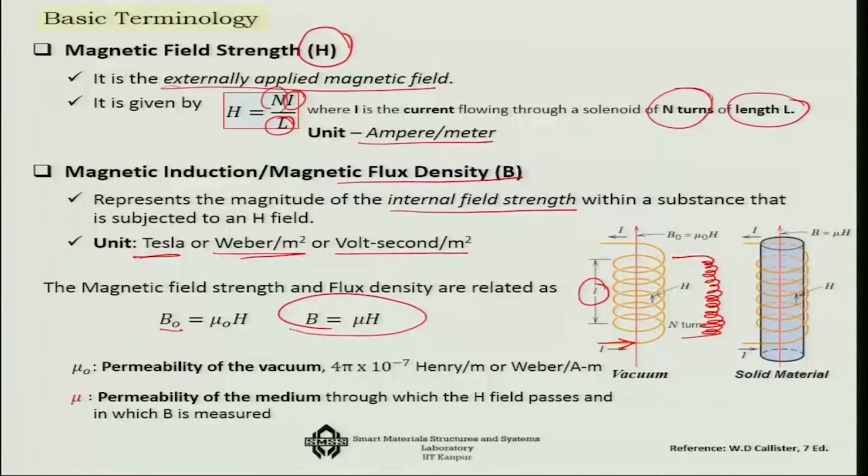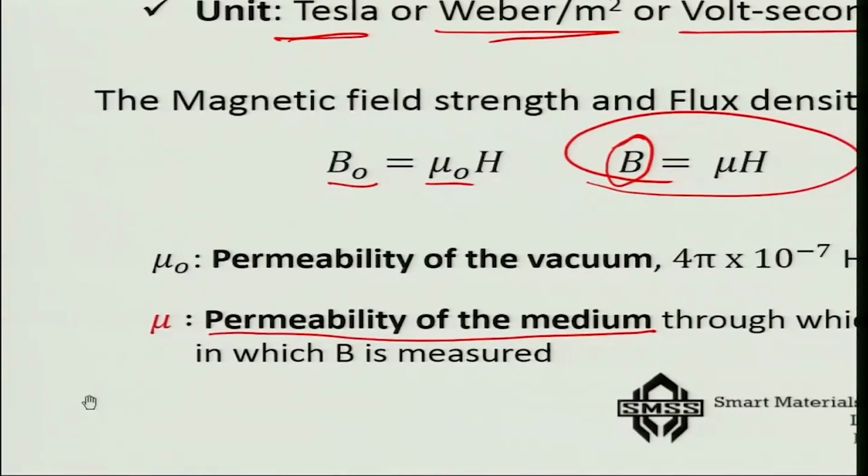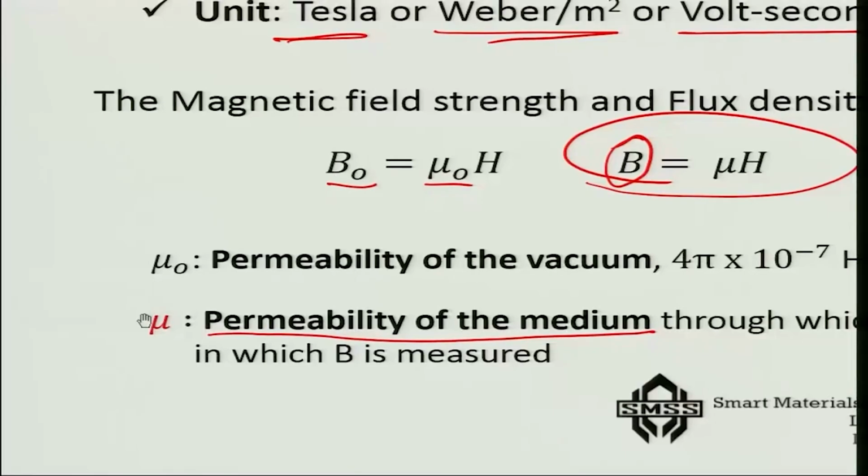For vacuum, of course, it is mu 0 H, where mu is the permeability of the medium through which the H field passes. That means if the medium is more permeable, then with the same magnetic field strength you are going to get higher magnetic flux density. So, permeability mu is a very important factor for us.